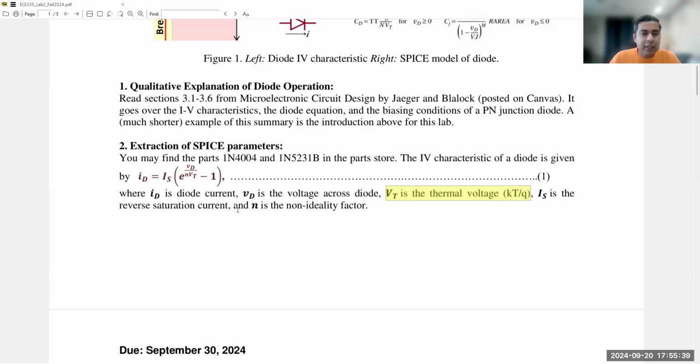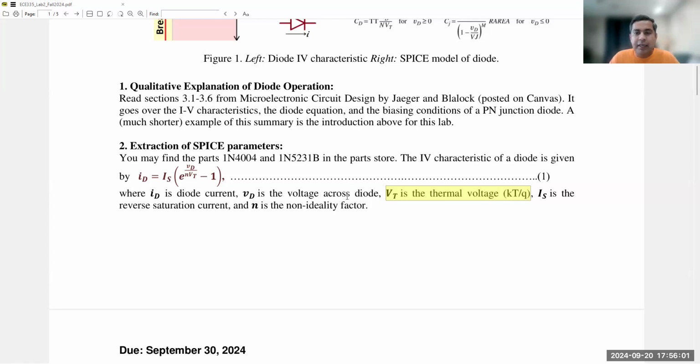And then the last one is N, which is a non-ideality factor. It is a constant for every diode. Ideally, the value is supposed to be 1 when we are applying it in a model or in a hand calculation mode. But usually, in reality, you can find the value between 1 and 2.